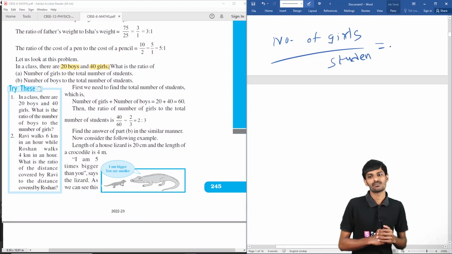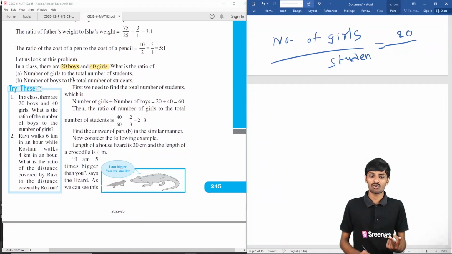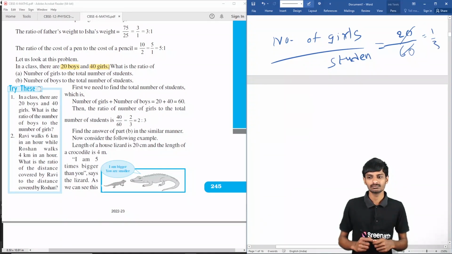How will you tell? Students means boys and girls together. How many boys? 20 boys. How many girls? 40 girls. If you add 20 plus 40, you will get 60. So 60 students are there. Out of 60 students, we have 20 girls. If you divide them, you will get 1 by 3.